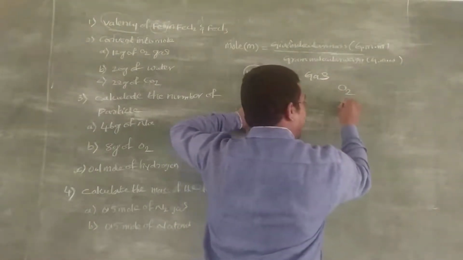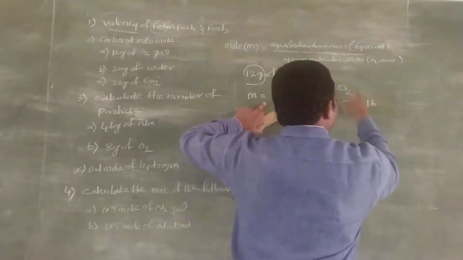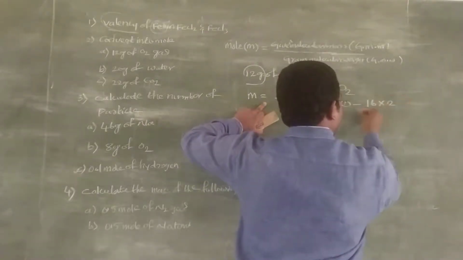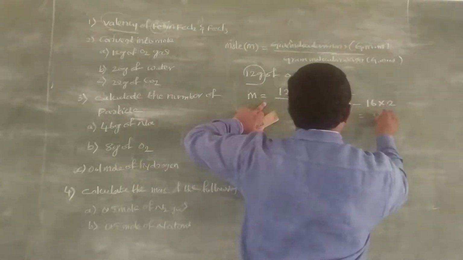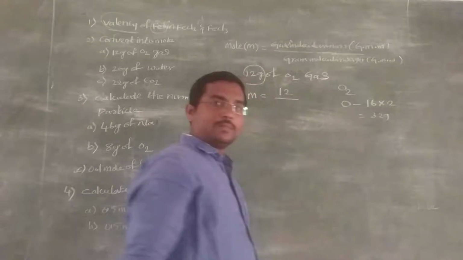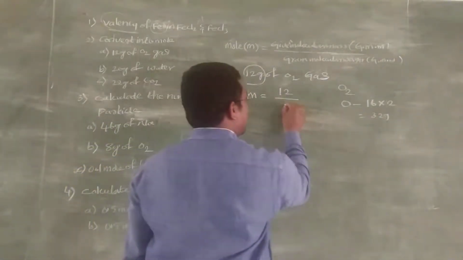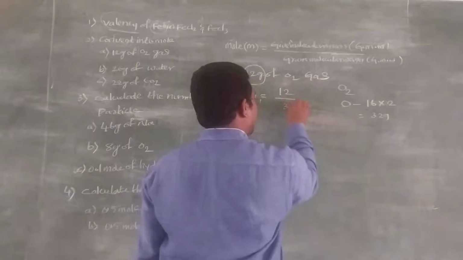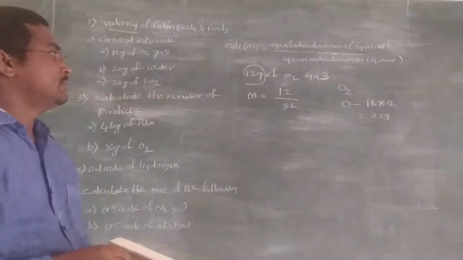One oxygen atomic mass is 16. How many oxygen are there? 2. So here 16 into 2 is equal to 32 grams. So 12 by 32 mole.